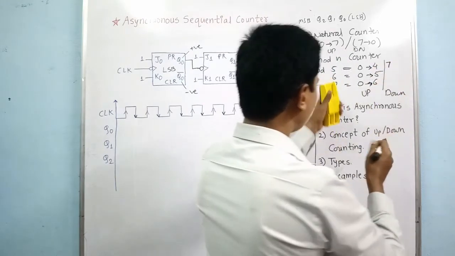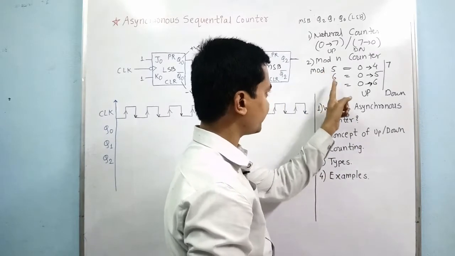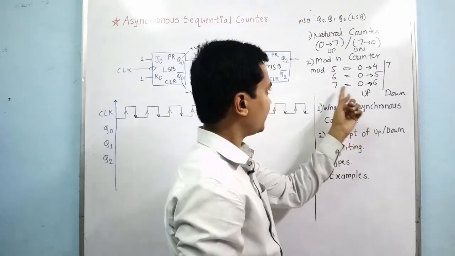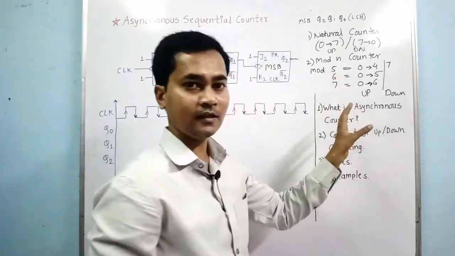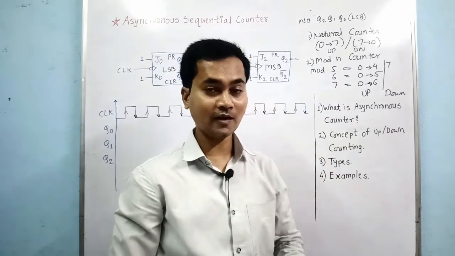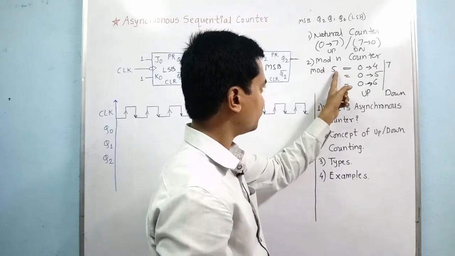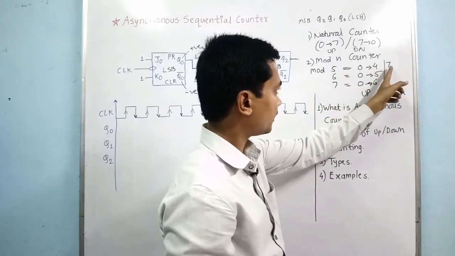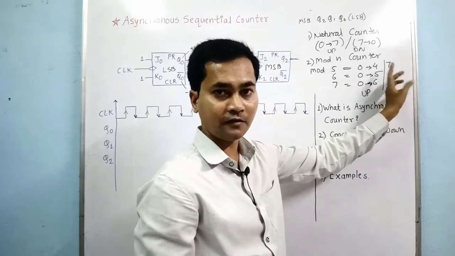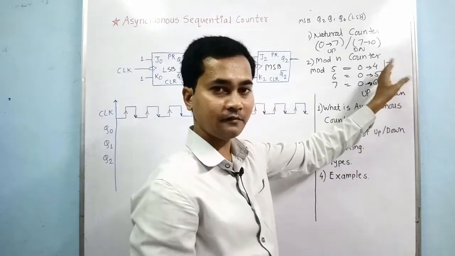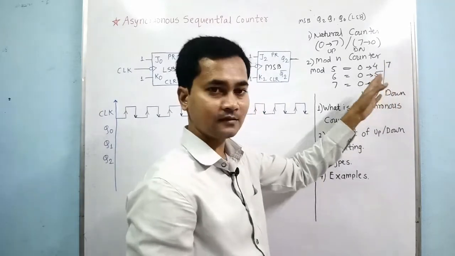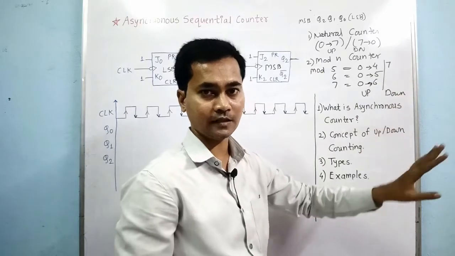And if you consider again mod 5, mod 6 and mod 7, this number represents only the number of combinations, not the actual value. So in case of mod 5, how many values will it count? 5 values. From 7 it will start counting 7, 6, 5, 4, 3.